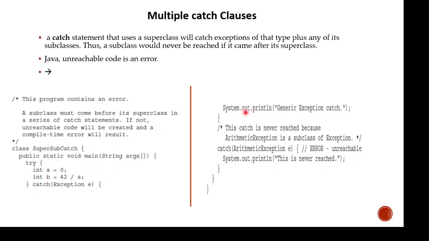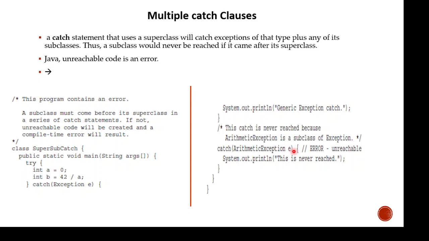Okay. Now what would happen here? Please see here. This catch is printing something else, but what is the error we are getting? We are getting 42 divided by 0. Once this catch has been reached, it is nowhere concerned with the second one. Now have a look at this catch here. This catch relates to your arithmetic exception, but it will never be reached. If you try to compile this program, you will get an error stating that the second catch statement is unreachable.